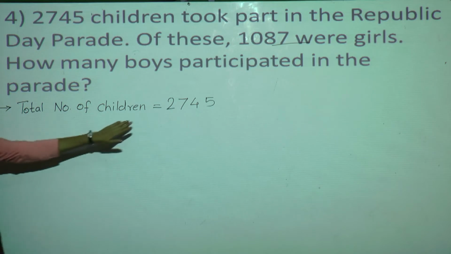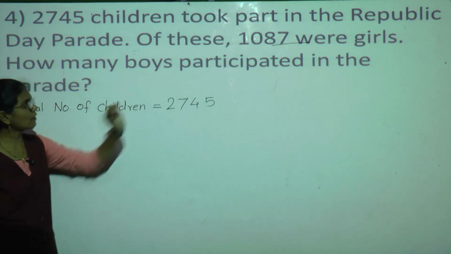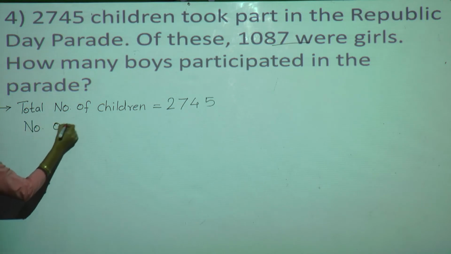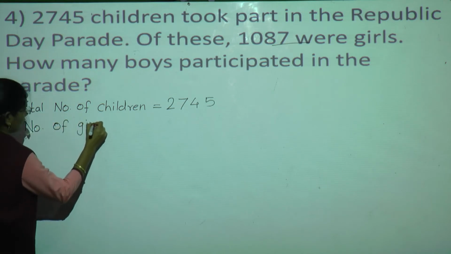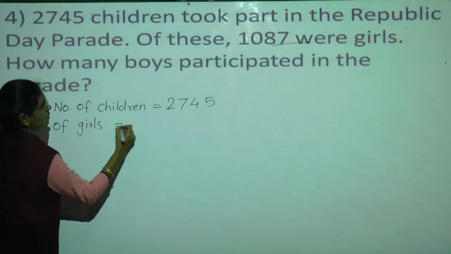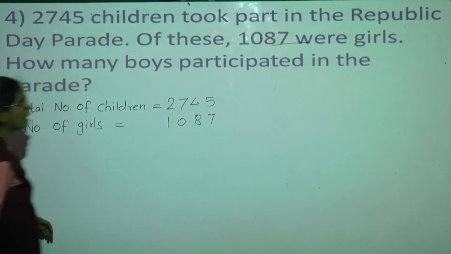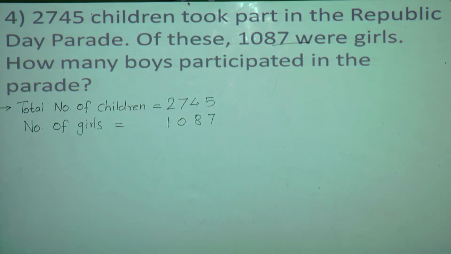Out of that 2745, how many were girls? So number of girls we will write. Number of girls is equal to what? 1087. And what we have to do? We have to find out how many boys were there. Okay. So do the subtraction.